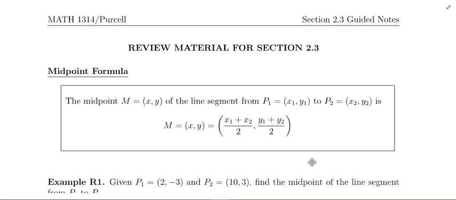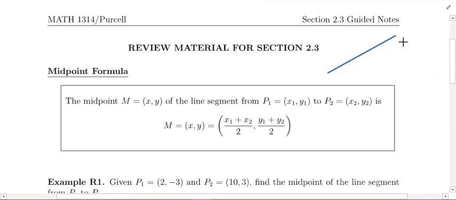Okay, so what's going on here, and I'm going to draw a little schematic so you can understand. This is something you may have learned in a geometry class at some point in time. Say you have a line segment. If you remember what a line segment is, it's part of a line.